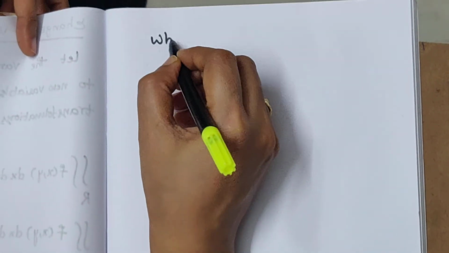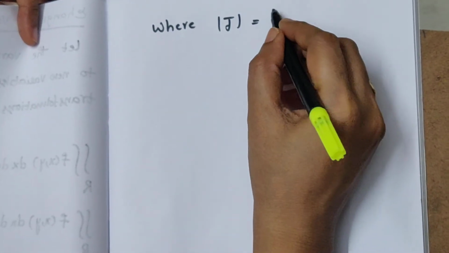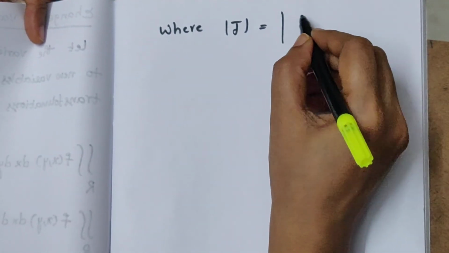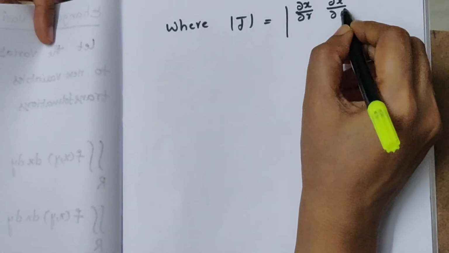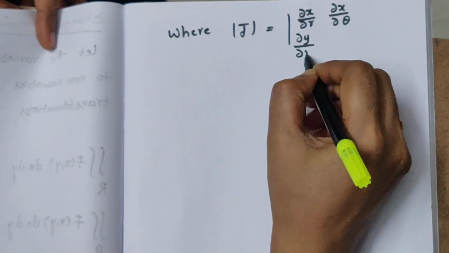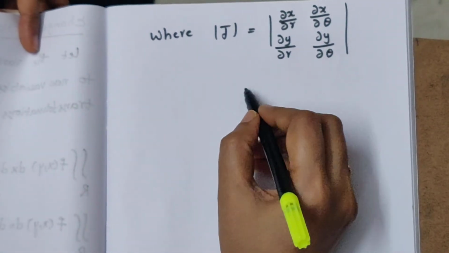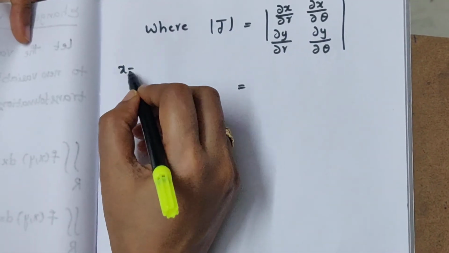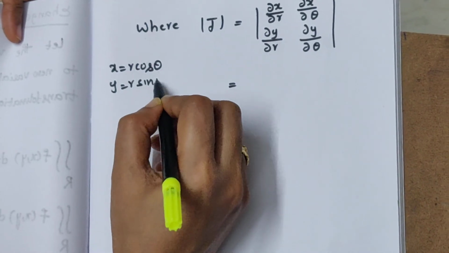Now we see what the Jacobian is, where Jacobian equal to the determinant of dou x by dou r, dou x by dou theta, dou y by dou r, dou y by dou theta. Here we have x equal to r cos theta, y equal to r sin theta.